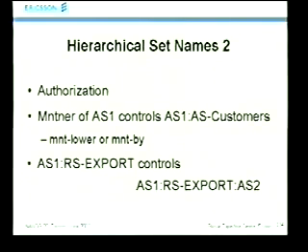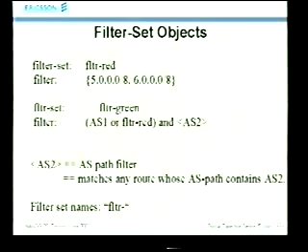And aut-num objects can have this value or this one, mnt-lower. If you're not sure what mnt-lower is, don't worry, I will talk about it later. But I just wanted to flag the idea of hierarchical set names. Just bear with me, and I will talk about this. Just saying that hierarchical set names are possible.